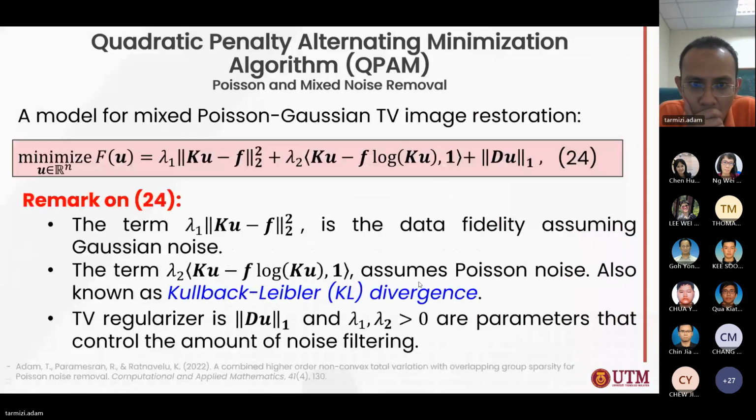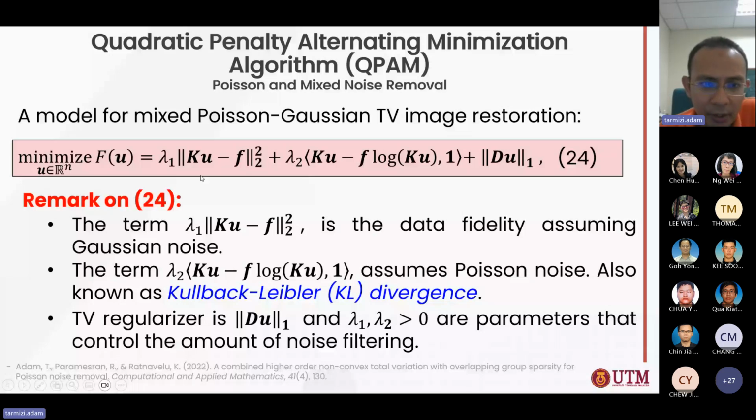So this is the model. It's still a total variation regularization model. However, we are taking into account two terms for the data fidelity. As I mentioned early in the talk, the data fidelity is related to the noise statistics.